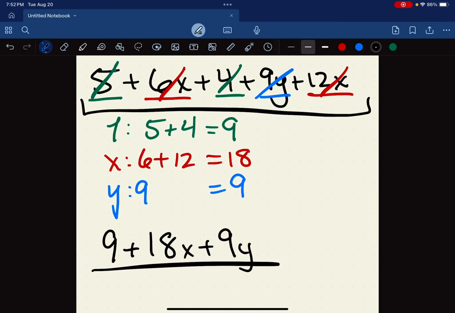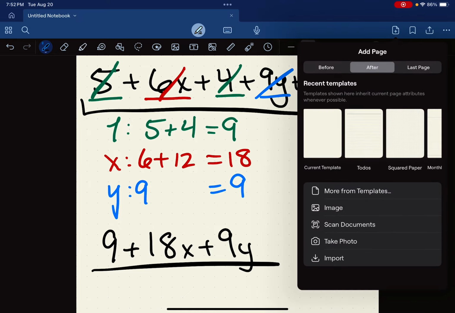I think it would be helpful to go ahead and do another example of this, just simply because they can look different and they can be a little bit challenging sometimes. So I'll go ahead and do another example.